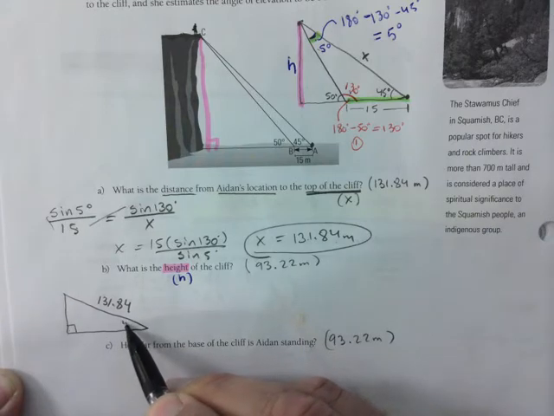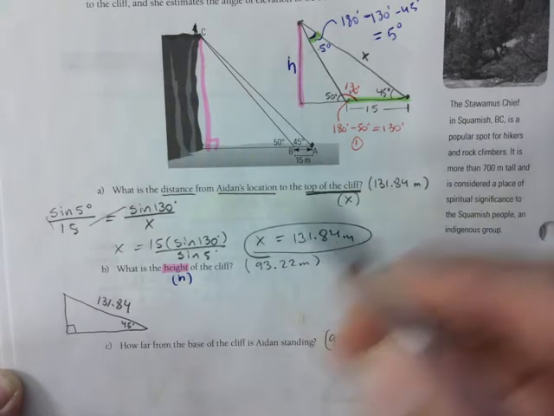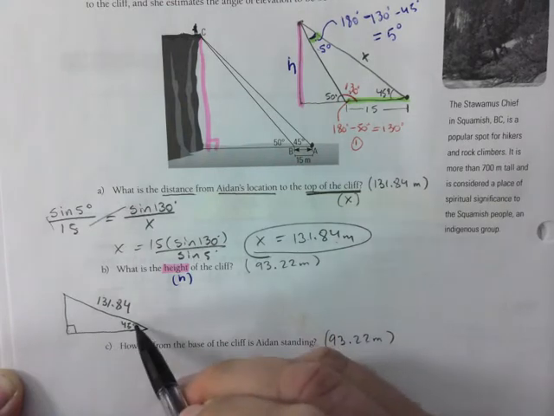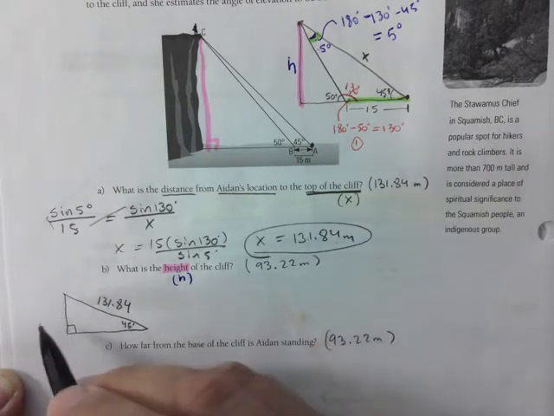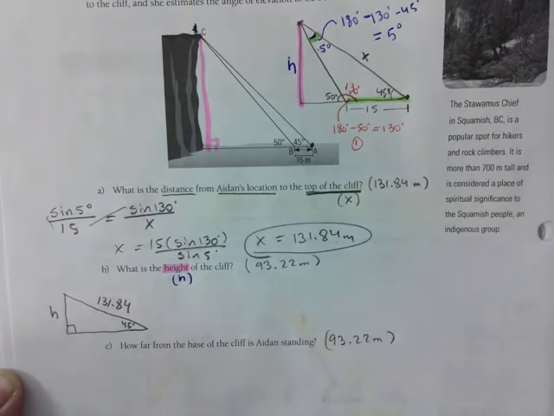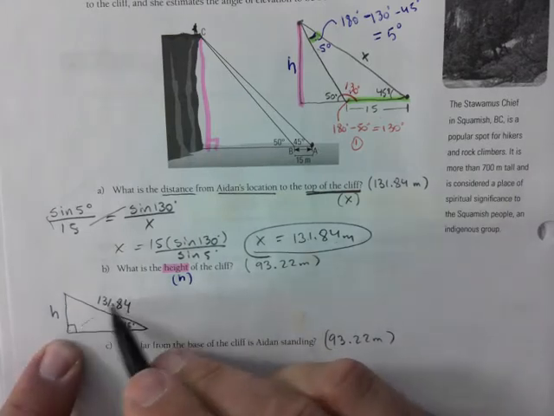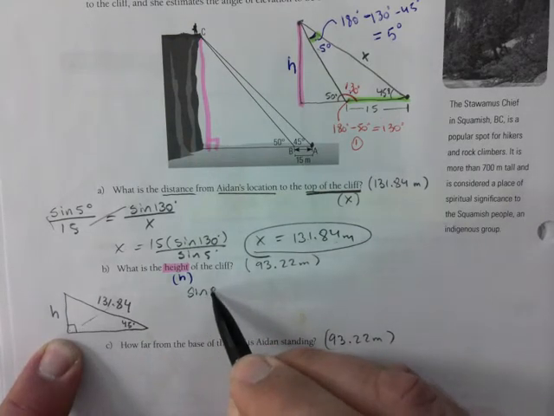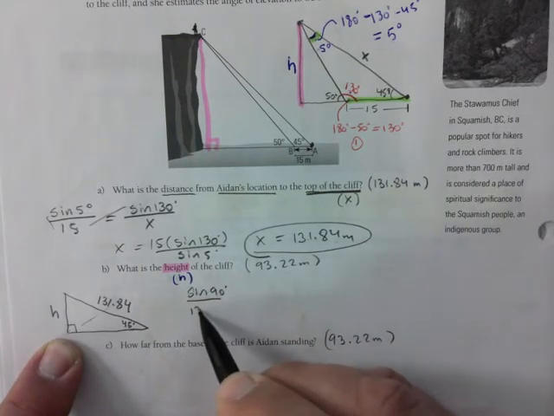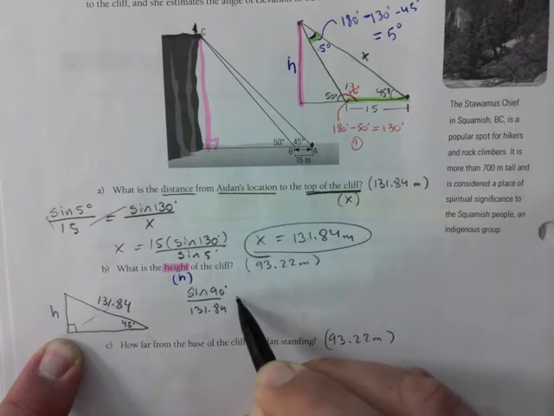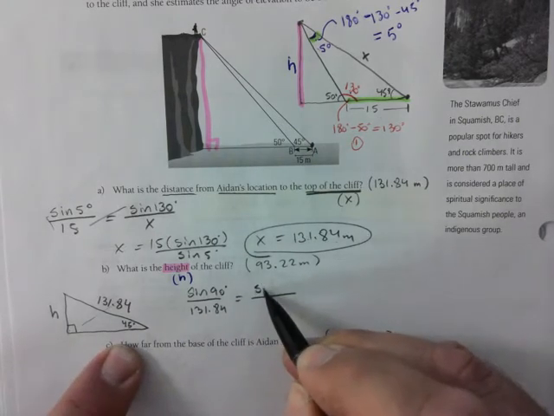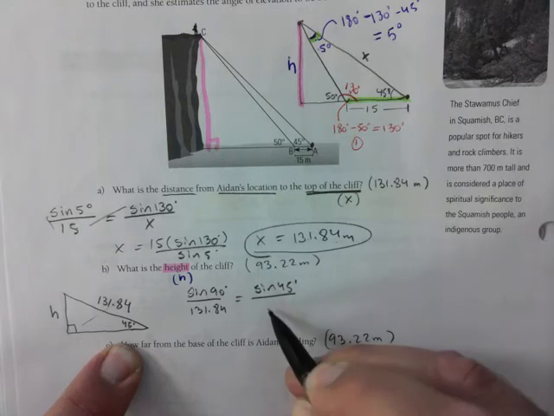I know that this angle is 45 here. And this is H. So I have a pair, correct? Sine of 90, which we all know is 1, 131.84, over sine of 45 over H.